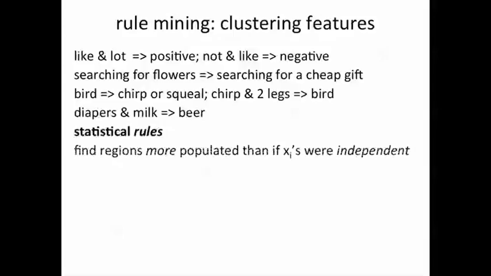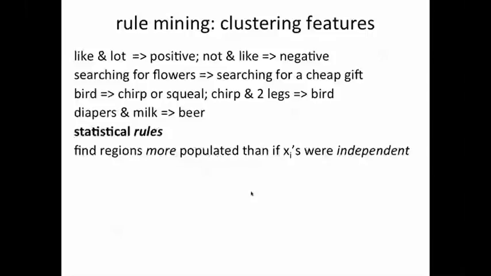In our unified framework, what this means is we're trying to find regions, again, of X that indicate correlation of features. That is, those regions have more data items than would be expected if all the features were independent. Think about it again.